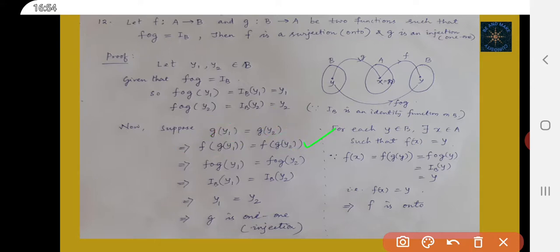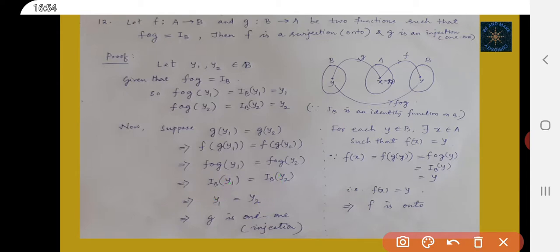Now, this can be written as fog of y1, fog of y2. Okay. Now, here IB, fog is what? IB, identity function on B, of y1, IB of y2, and this gives y1, this gives y2.